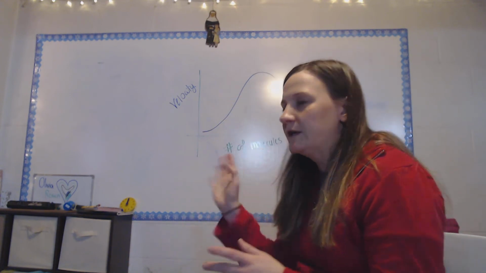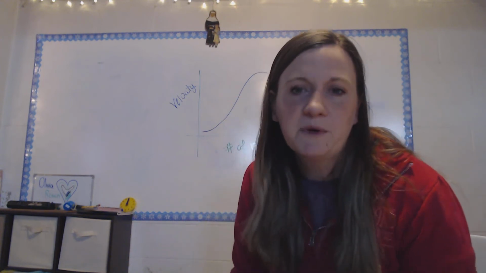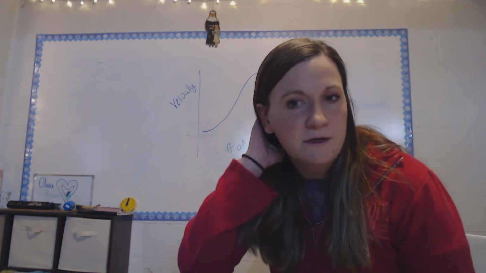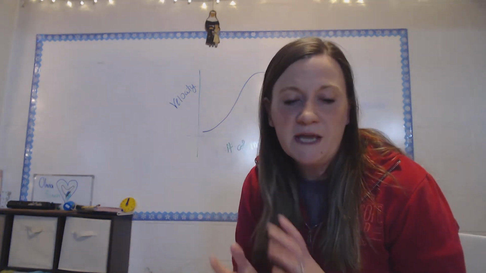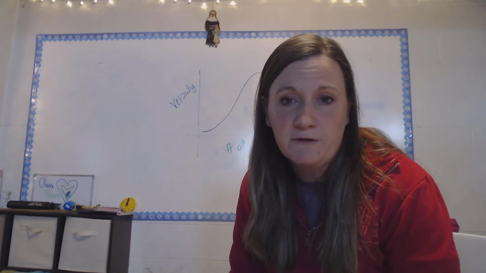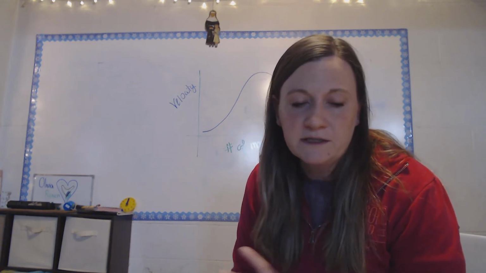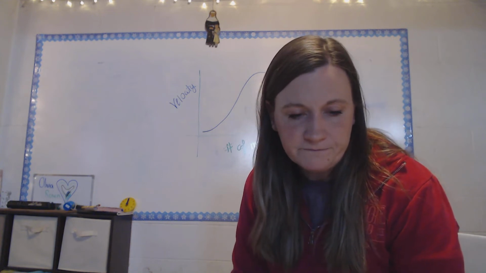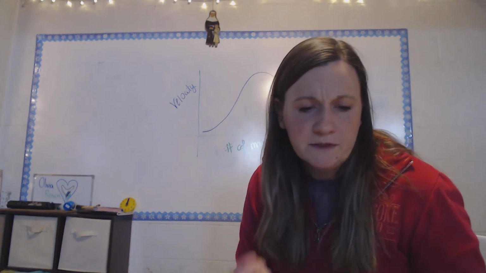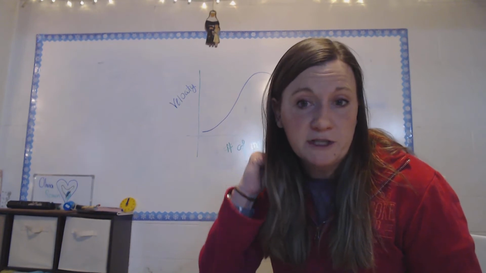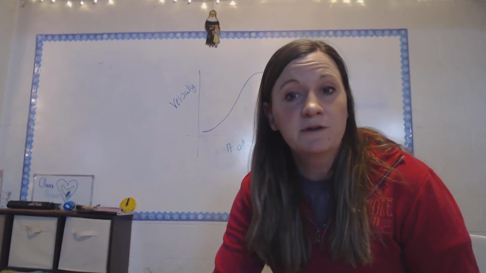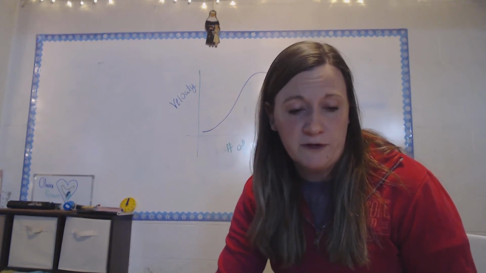We're not going to graph that, but that's what you would do in higher level chemistry. So when we say temperature is the measure of the average kinetic energy of an object, that's what we're saying. The higher the temperature, the higher the average kinetic energy, which means the faster the particles are moving.